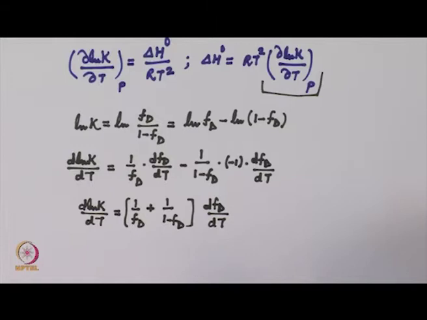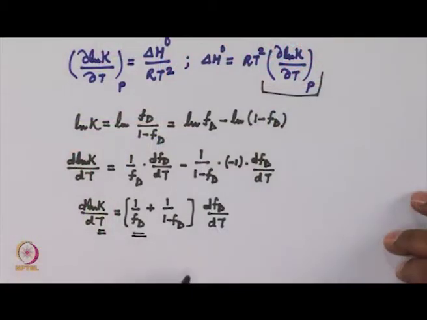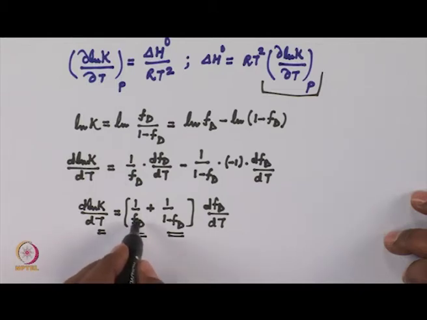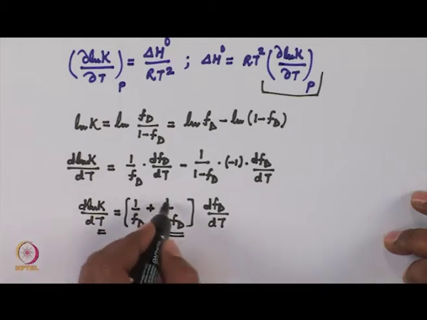If I choose the temperature to be the transition midpoint, where the fraction of the denatured state is half for a two-state transition, then if Fd is half, 1 minus Fd is also half. So, 1 over half plus 1 over half, the 2 goes in the numerator from here and from here also.